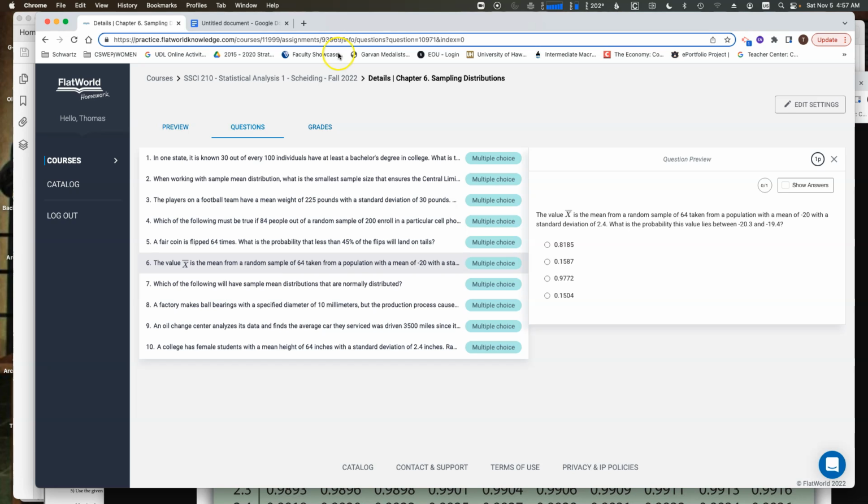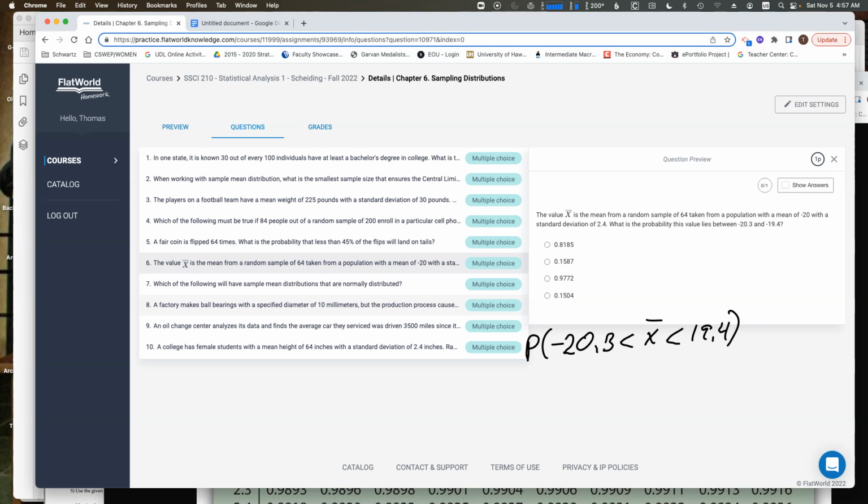Probability that we're going to be between -20.3 and -19.4. Okay, so let's just make sure here.